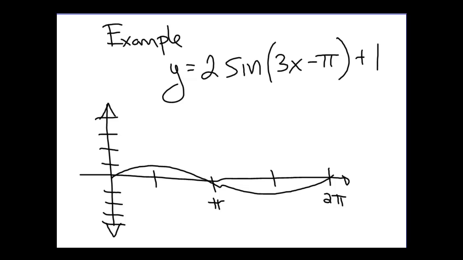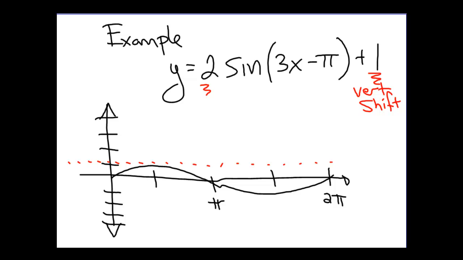To start with, I'm going to look at the parameters that my graph has to fit into, and those are these external pieces right here. So the amplitude and the vertical shift are the pieces I'm going to focus on first. Those will sort of define the envelope and where my trig function has to fit in. The plus 1, this vertical shift here, tells me that my trig function will now oscillate about the line y equals 1.